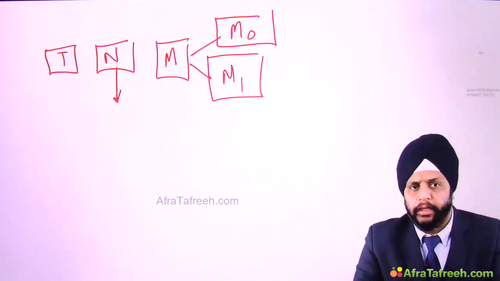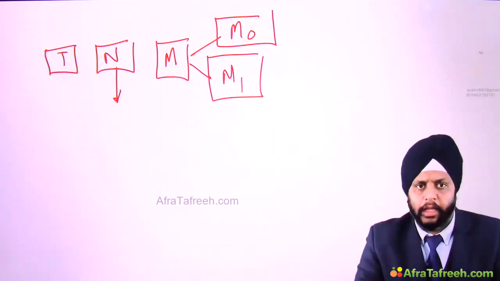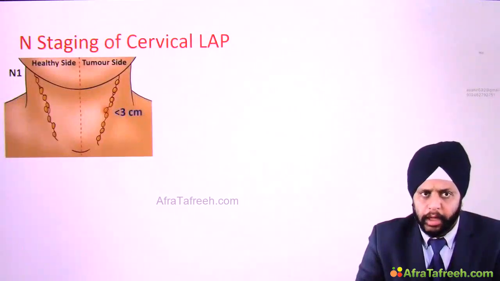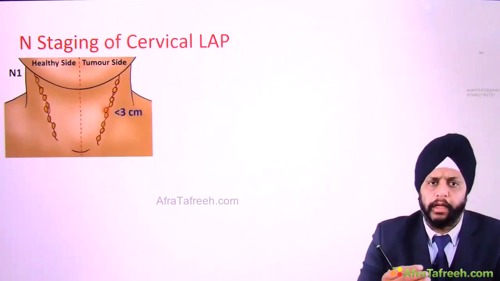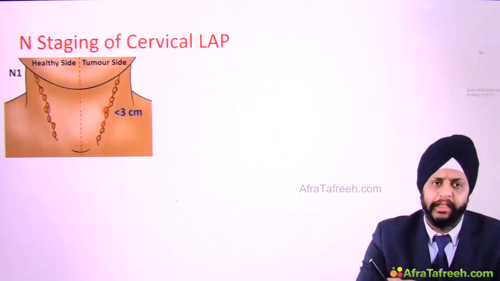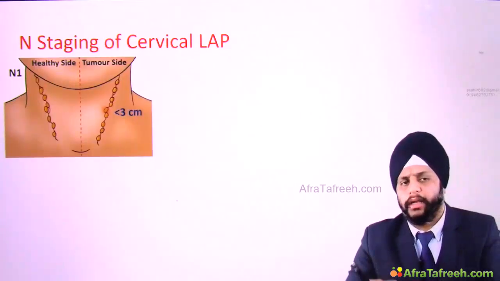Now, let us first discuss the N staging for cervical lymph nodes. Okay, so we do the N staging for cervical lymphadenopathy. We can divide the N staging into 3, N1, N2, and N3.